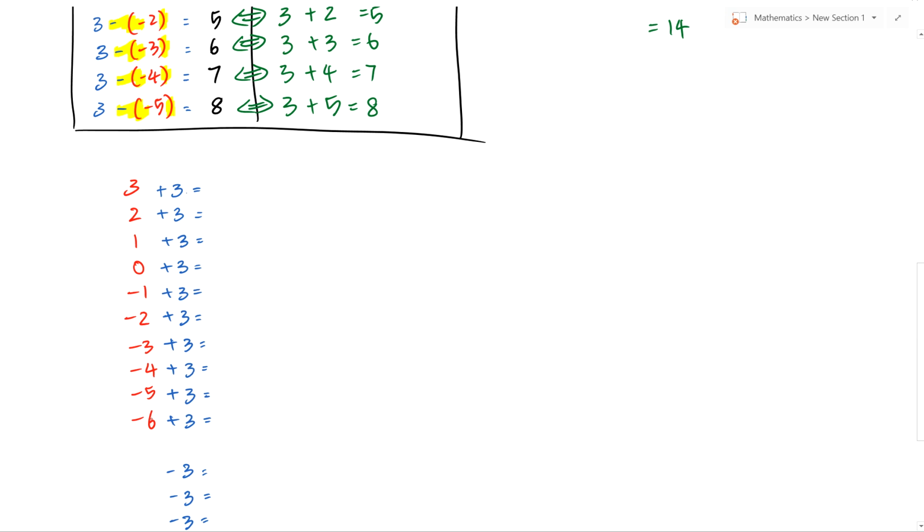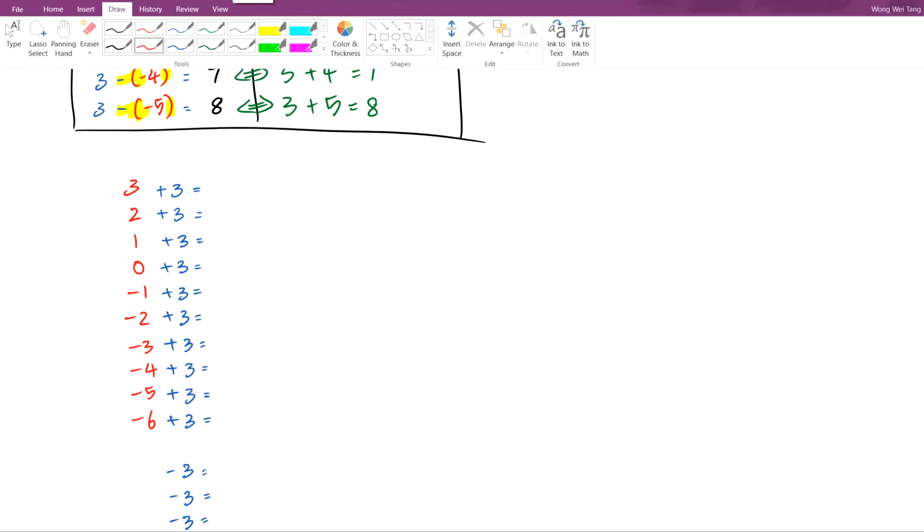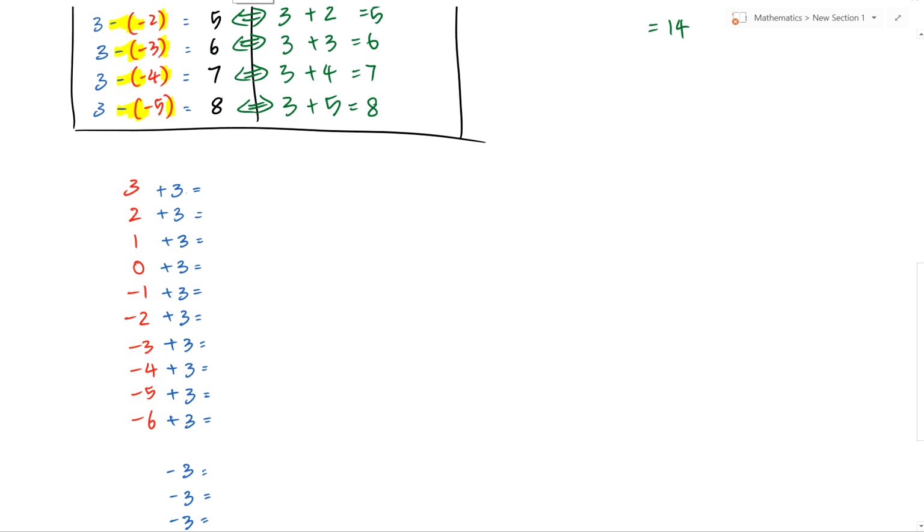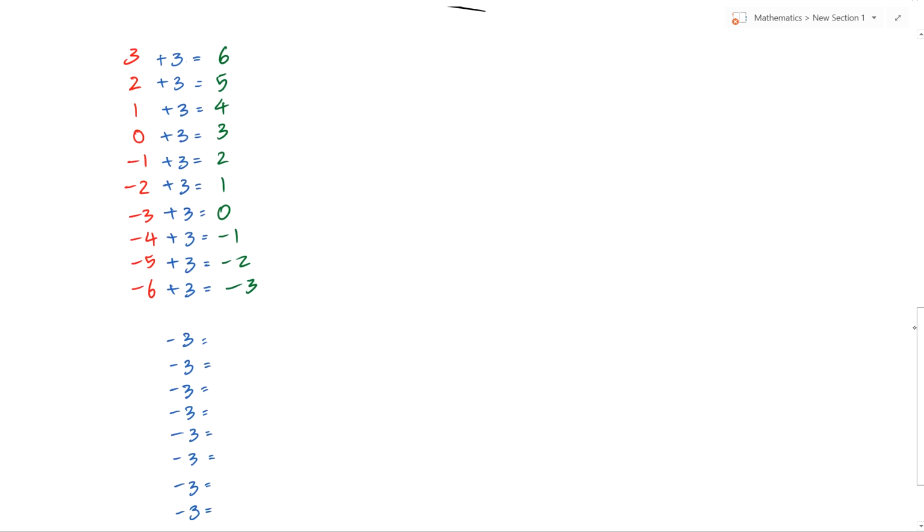The whole idea is to figure out what it means by adding a positive number over here to negative numbers. So again, we'll be using our strategy of observing patterns. We have 6, 5, 4, 3, 2, 1, 0, -1, -2, and -3. And you should be able to figure out how these happened.